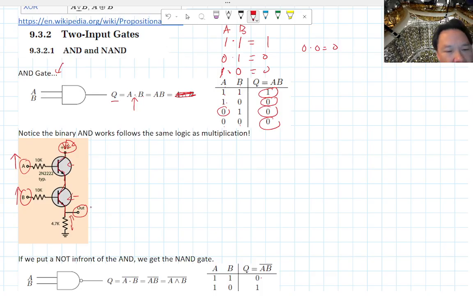If current flows through, that means this output is going to be high. If no current flows through, that means it's going to be tied to ground, because no current means no voltage drop across this resistor. Then you get 0. And that's how physically an AND gate works inside.